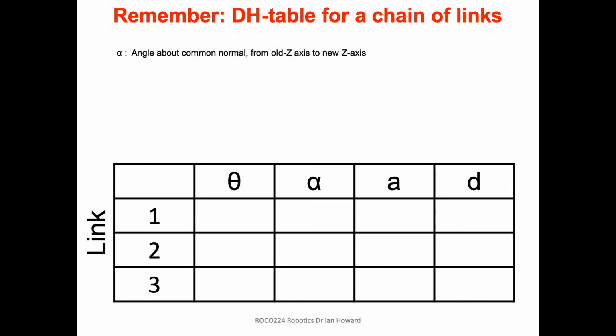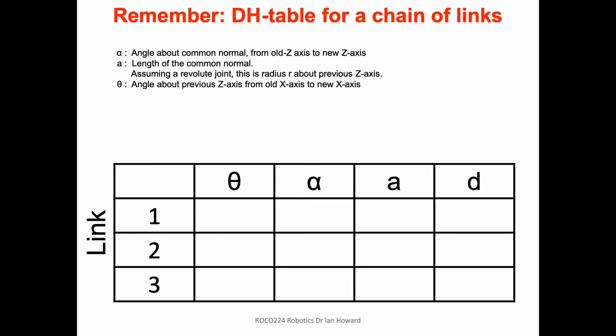So just to summarise then, alpha is the angle about the common normal, which is the x-axis, which aligns the old with the new z-axes. a is the distance along the common normal, which is the x-axis, between these two z-axes, and in terms of a revolute joint, it represents the radius of rotation around the previous joint.